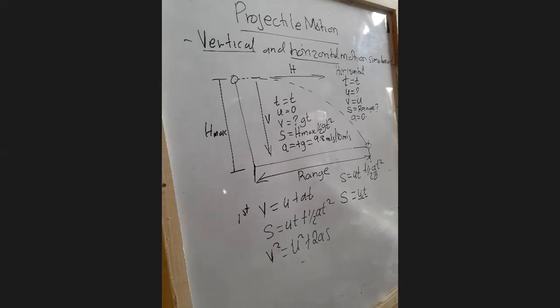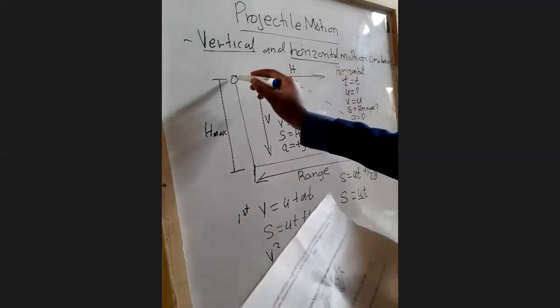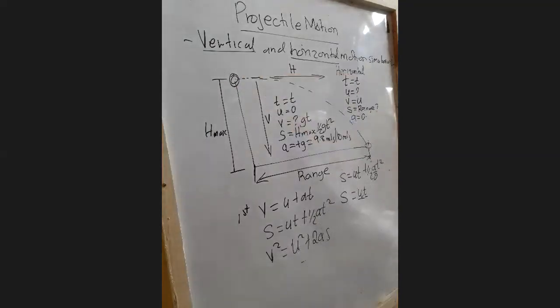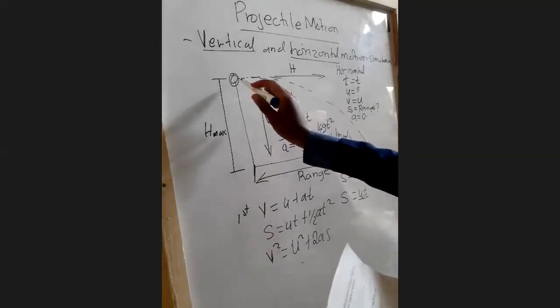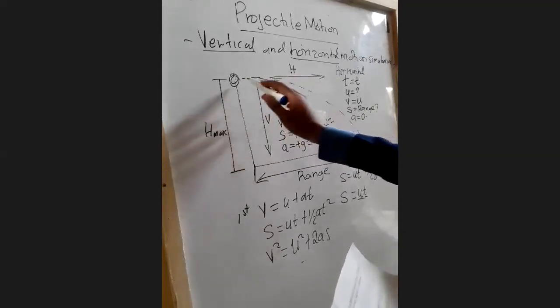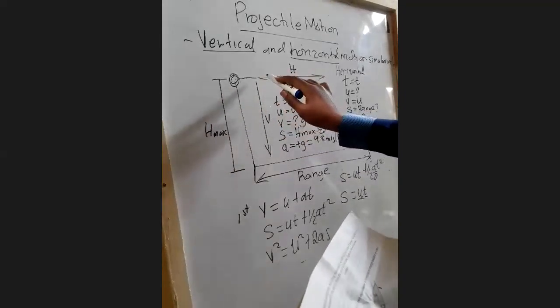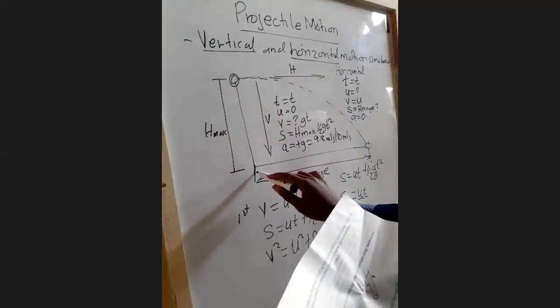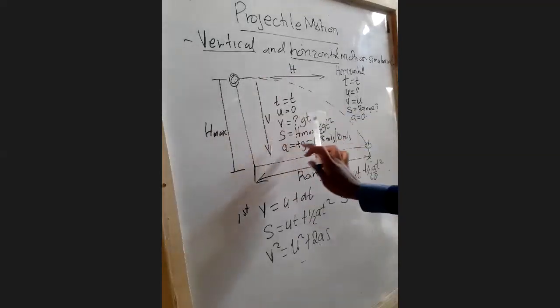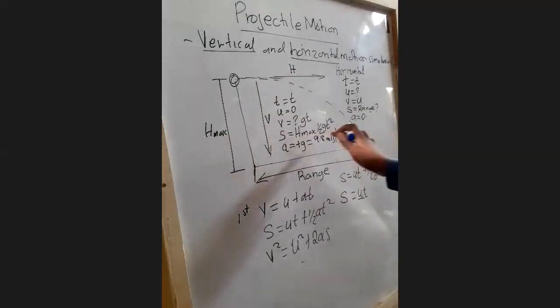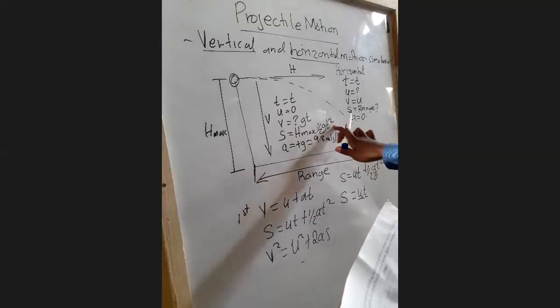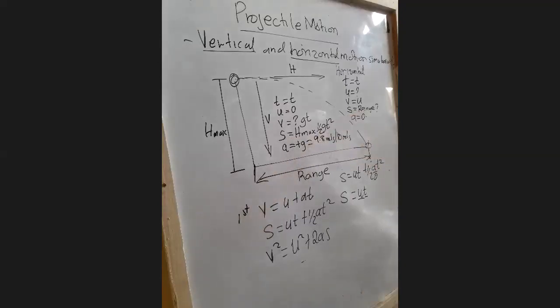So the plane is traveling with some speed, and then it releases a parcel. We expect the parcel to move with the same velocity, and it is at a height of 300 meters. So we have H max given, that is 300 meters, and traveling horizontally we have the initial velocity.